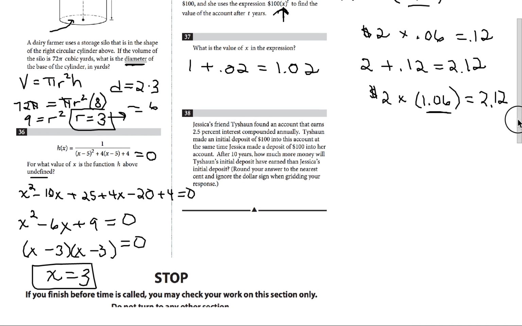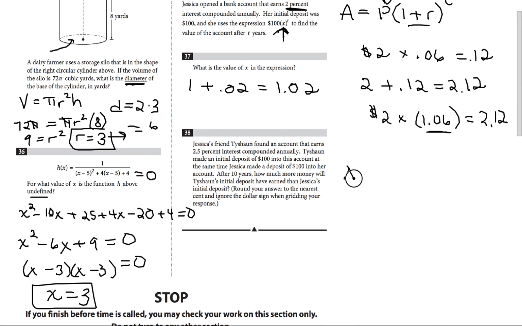Let me just write this down. We'll just use the A. A equals 100 times 1.02 to the t power. All right, so Jessica's friend Tyshawn found an account that earns 2.5%.